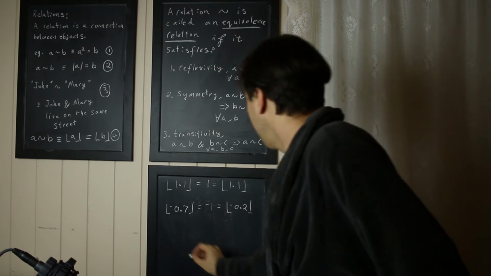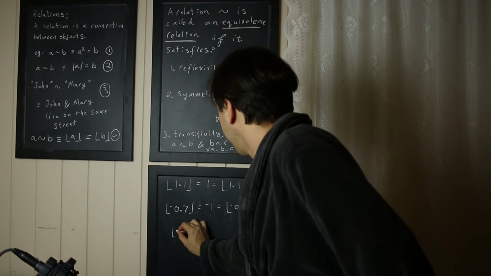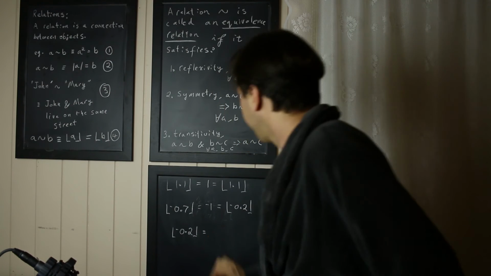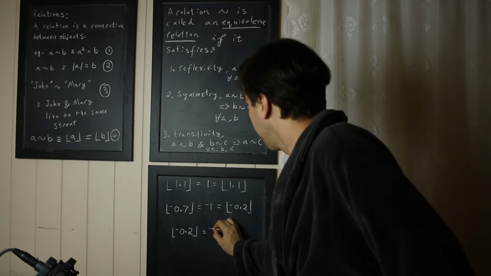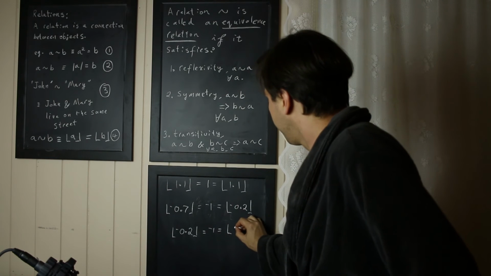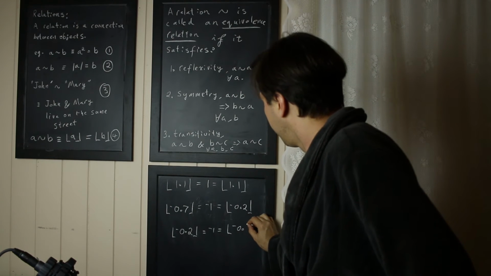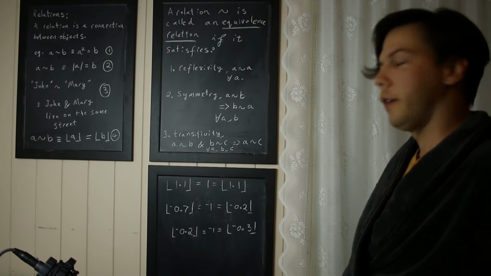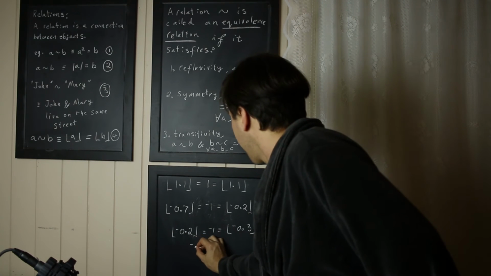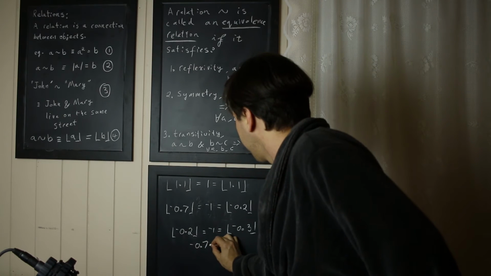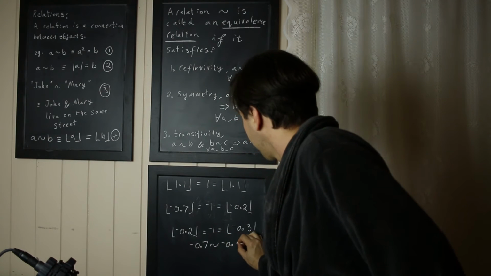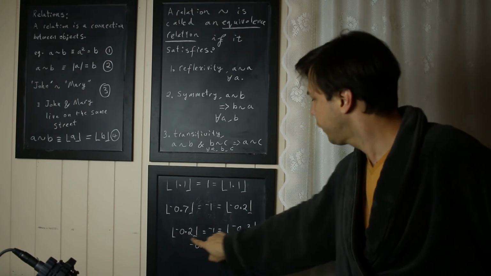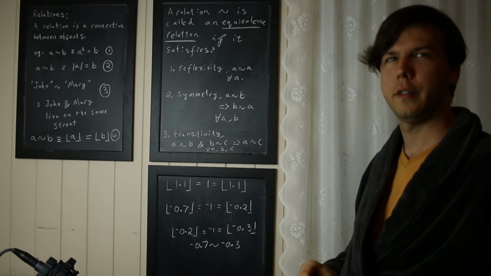Is it transitive? Well, yeah, absolutely. So let's say we have another case, -0.2, and that relates to, okay, well then we can totally say that our initial number, the chain links through, yeah, it still relates.